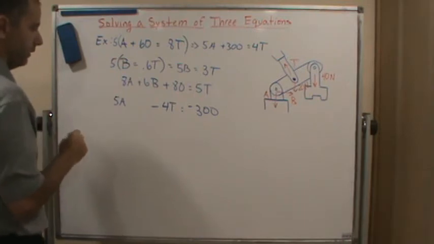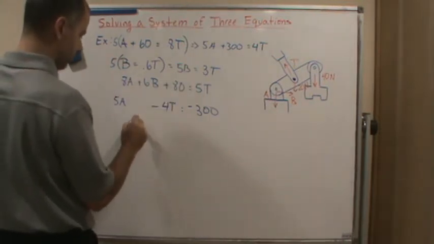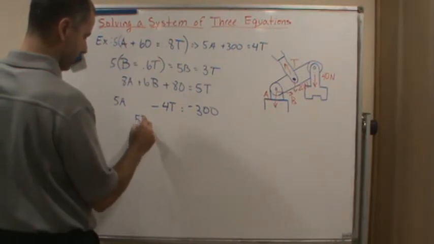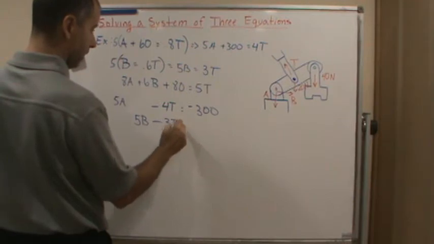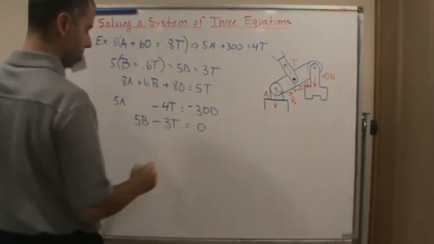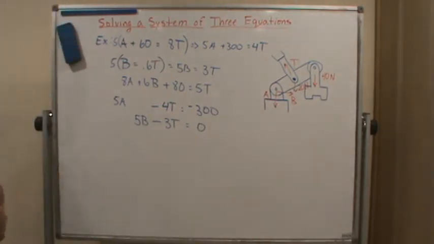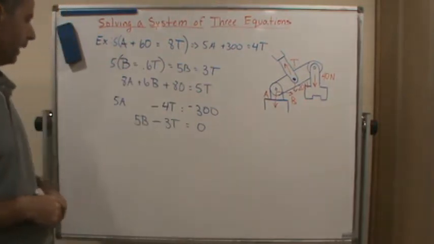And then this one, b, is going to go here, so it's going to be 5b minus 3t equals 0, right? Because we don't have any constants. Okay?